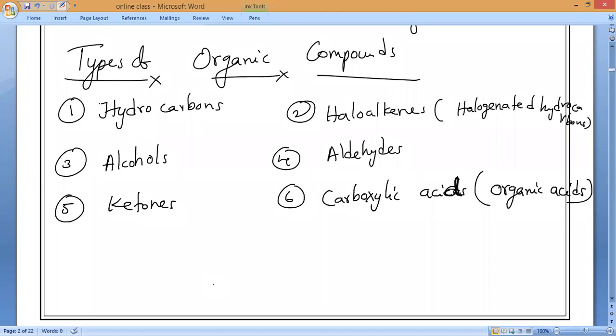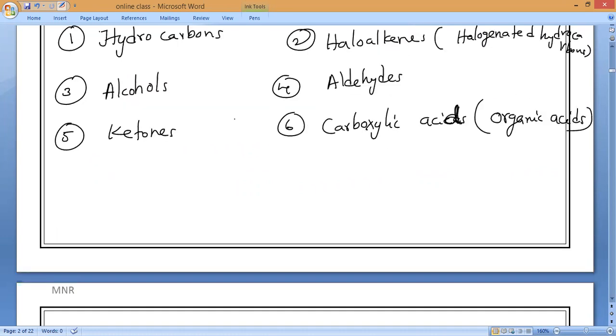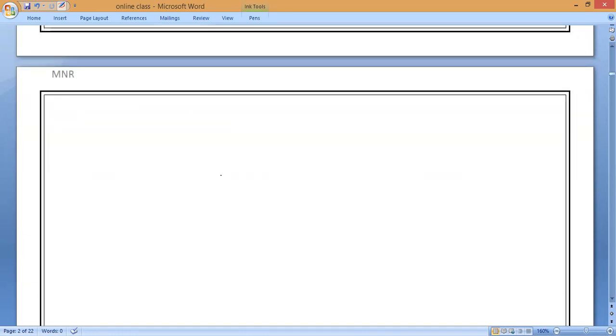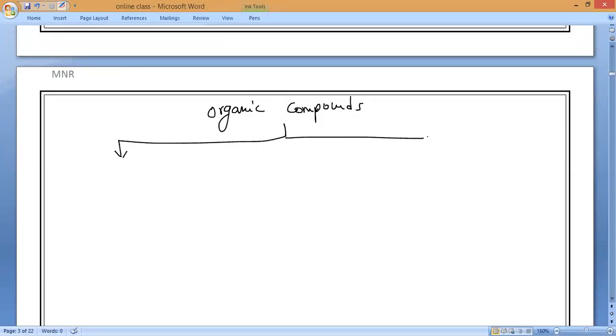Now, all the organic compounds will be classified into 2 types, for your purpose only. One is closed chain, or ring, or cyclic organic compounds.